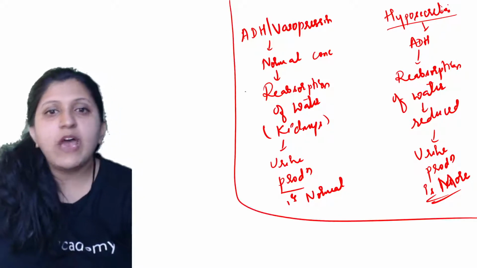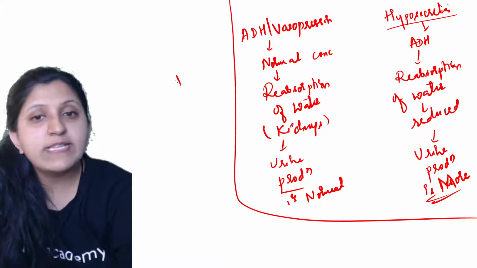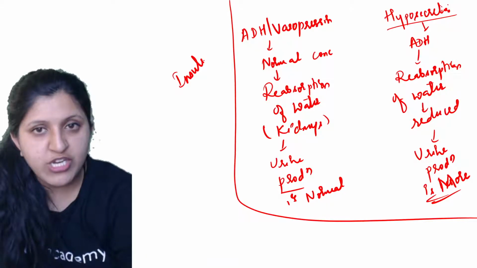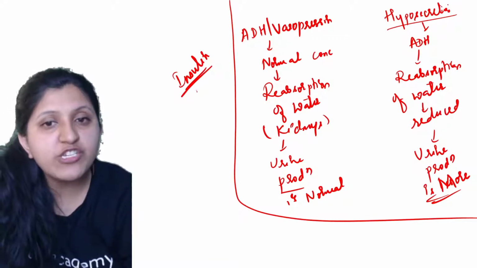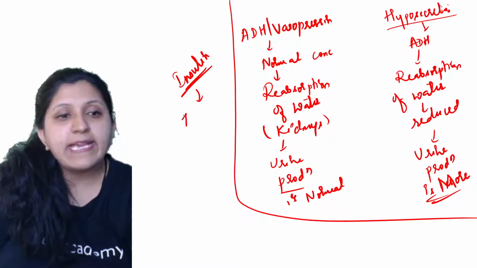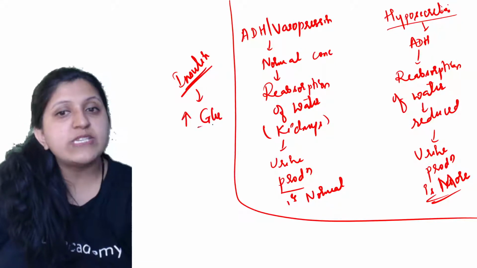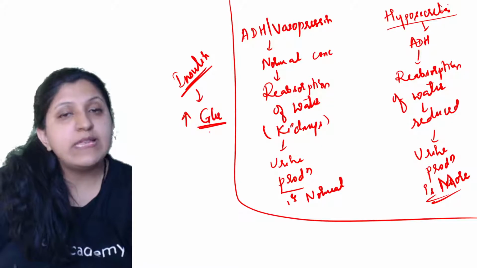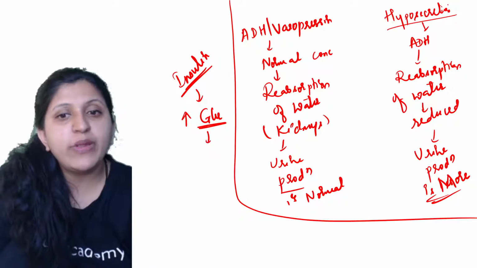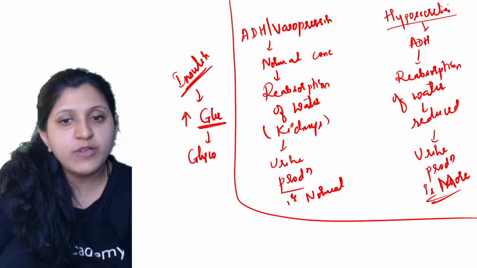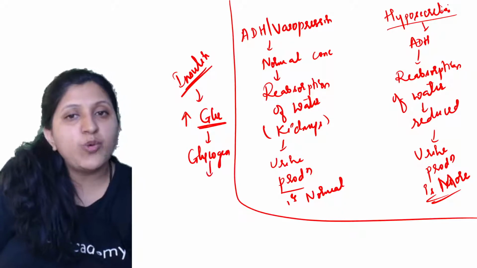Insulin production will make sure that the excess amount of glucose in your body is converted into glycogen and then stored in the liver.